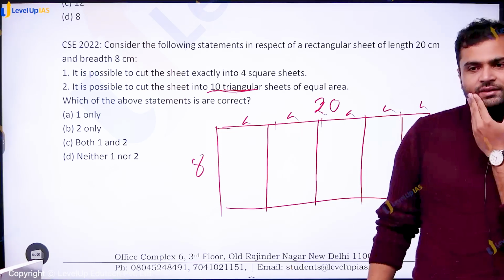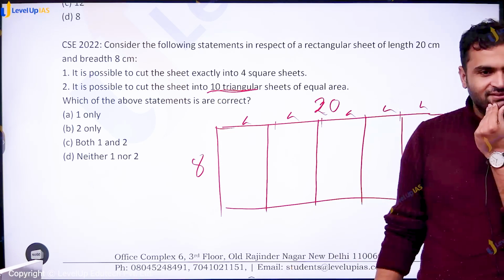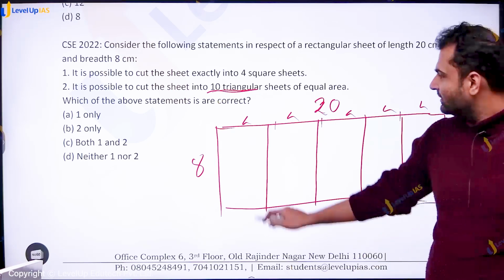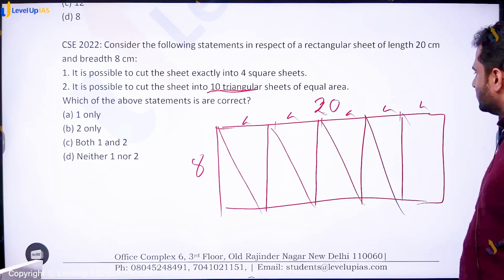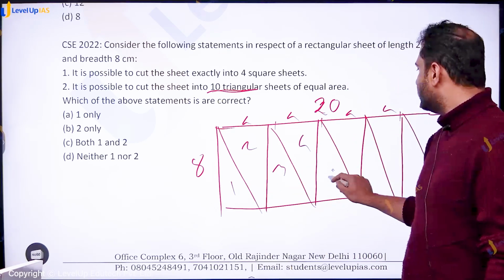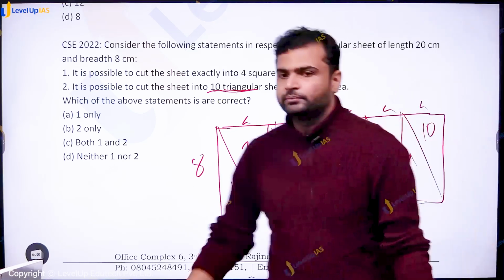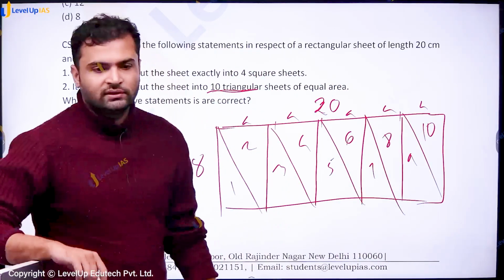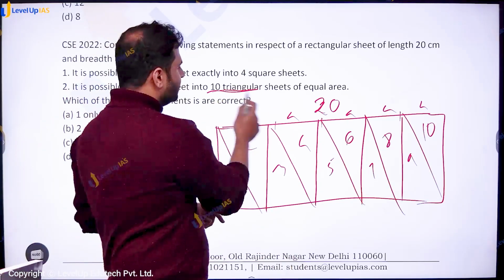From 5 rectangles, can you create 10 triangles? Just divide by the diagonal. 1, 2, 3, 4, 5, 6, 7, 8, 9, 10. No, here 10 triangular sheets is given.